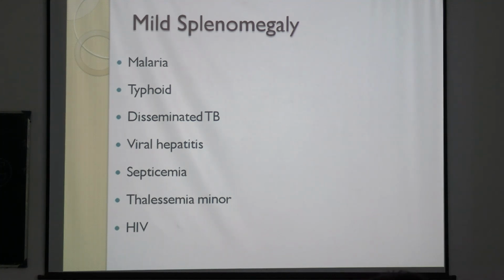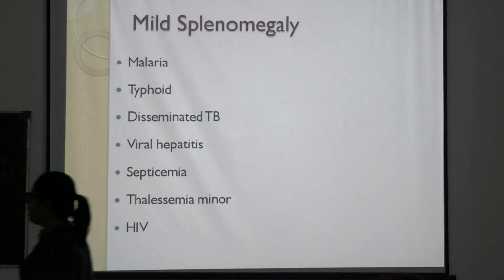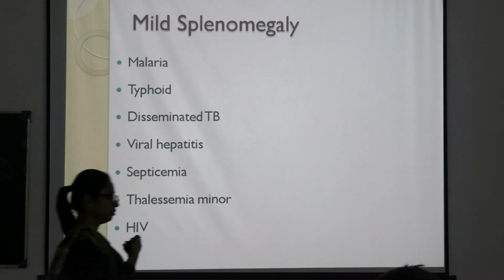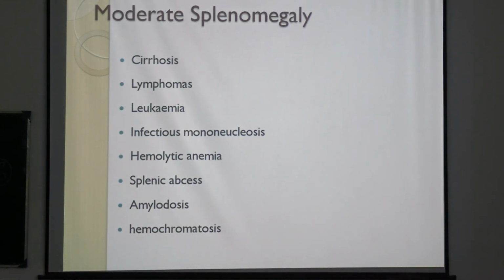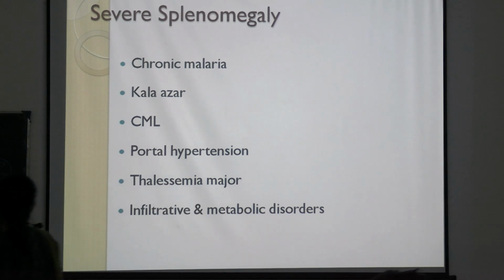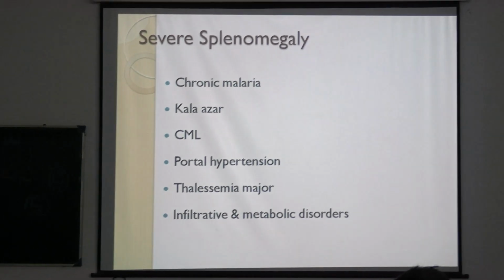I'm going to ask you later, so you better see all this. Malaria, typhoid, TB, viral hepatitis, HIV, thalassemia minor. Moderate splenomegaly, and severe splenomegaly: CML, Kala-Azar.